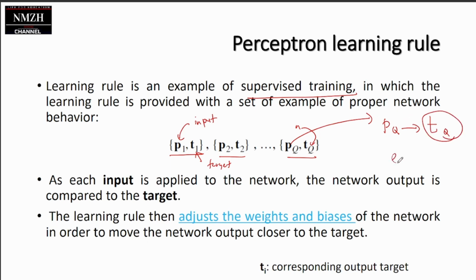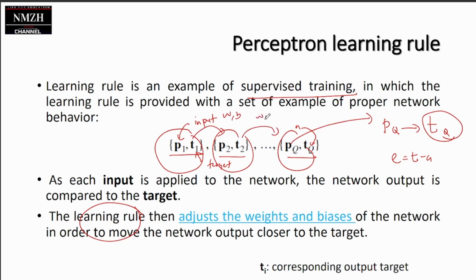Okay, so remember we have this one just now. The learning rule then adjusts the weight and bias. During the time of having this data, the learning rule will adjust the weight and bias multiple times until the error becomes 0.